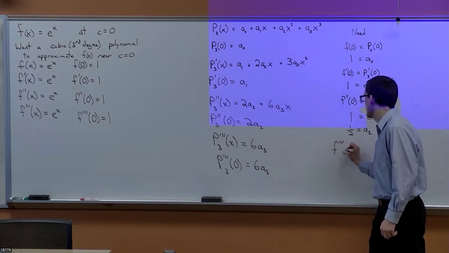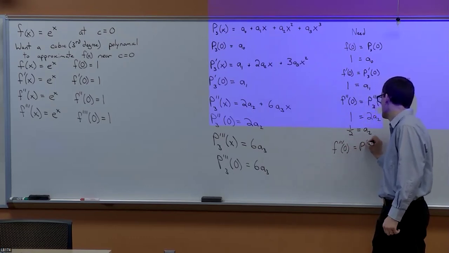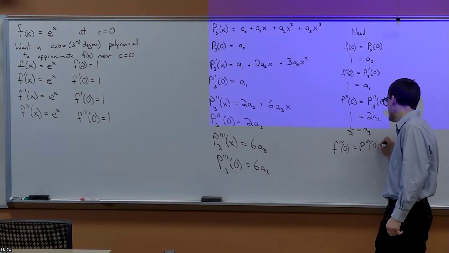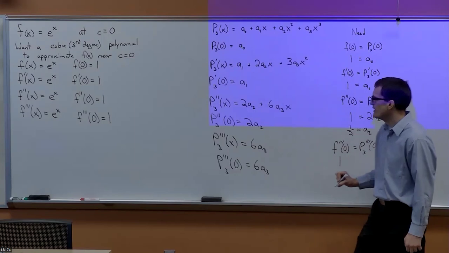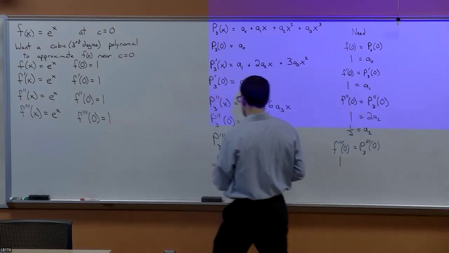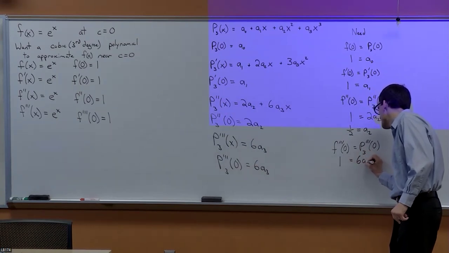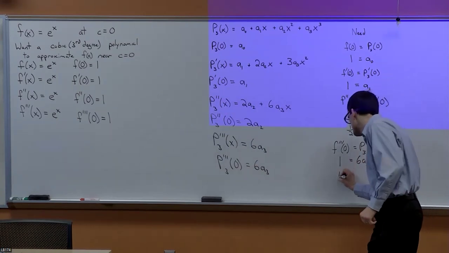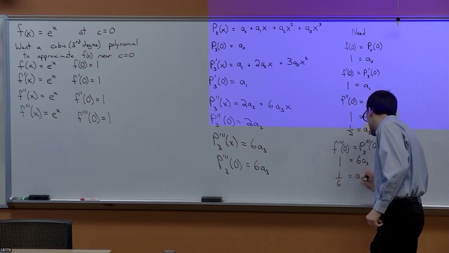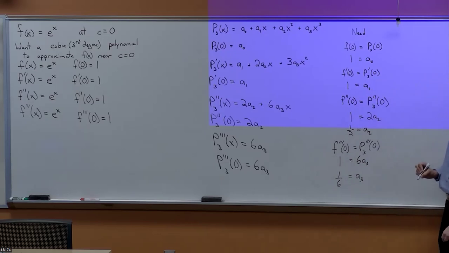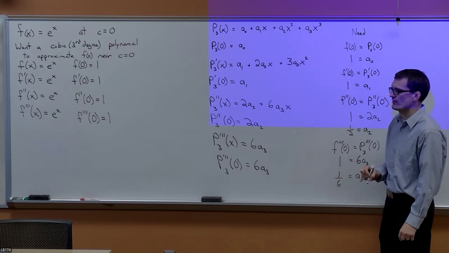And lastly, we need the third derivatives to match up at the center. That means 1, the third derivative over here, needs to be equal to 6 times a3. That means the coefficient of my x to the third term needs to be 1/6.